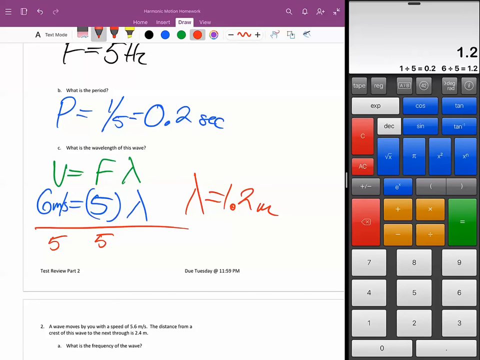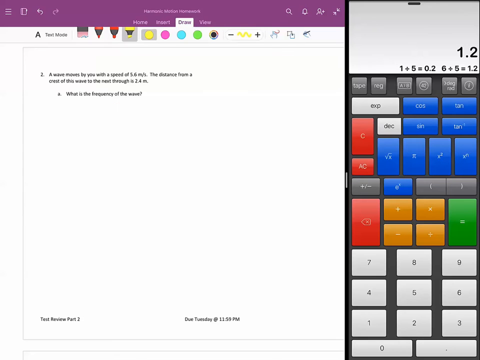Now in regards to number 2, you have a speed of 5.6 meters a second, and you're given a distance of 2.4 meters from each crest to trough. First things first, the distance between a crest and a trough is half of your wavelength.